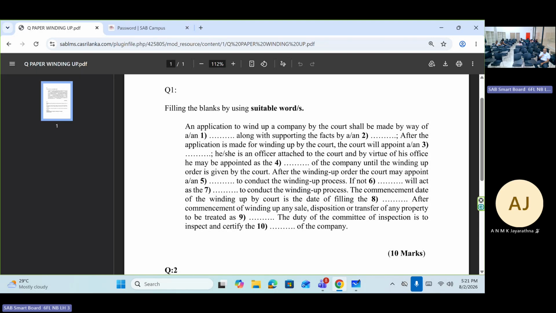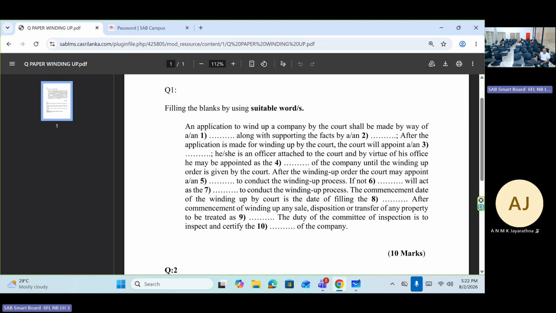After the winding up order, the court may appoint a liquidator. After the winding up order, always a liquidator to conduct the winding up process. The winding up process will be conducted by the liquidator. If not, the official receiver will act as the liquidator to conduct the winding up process.